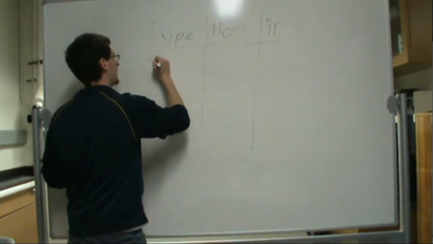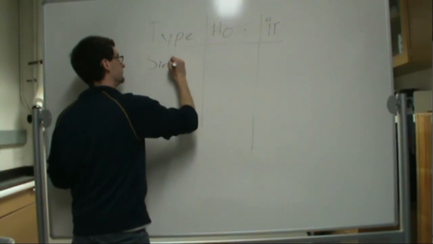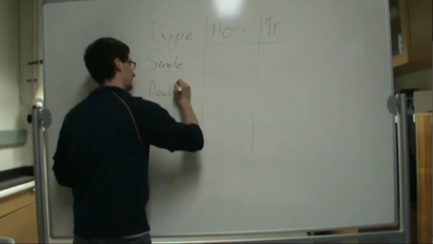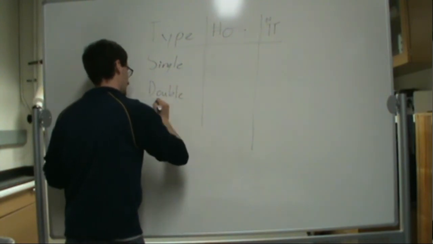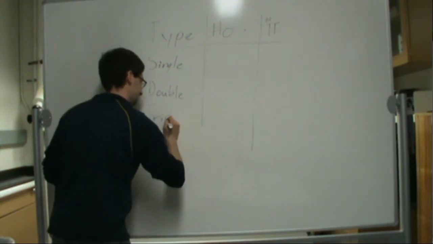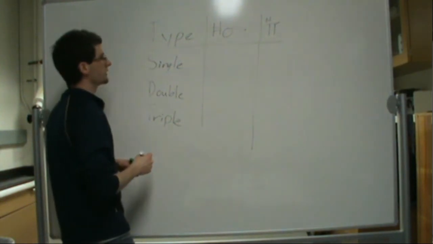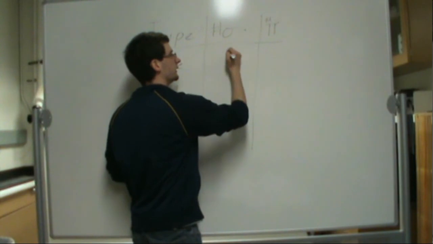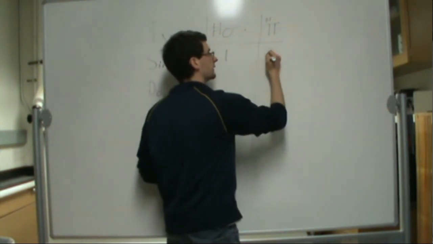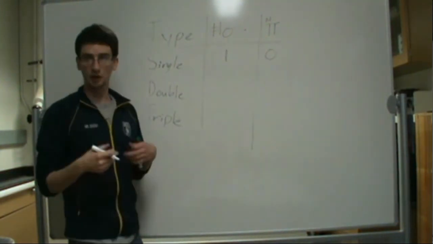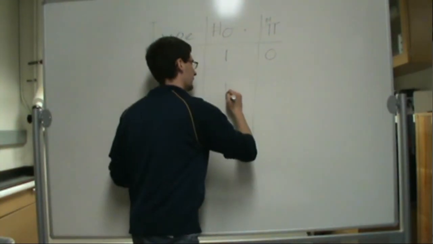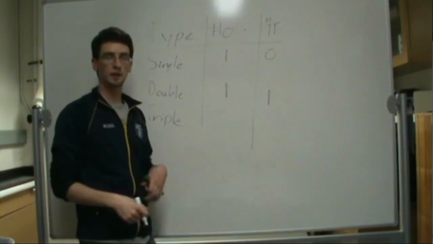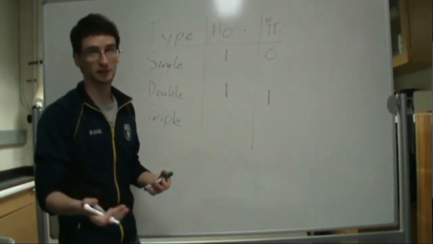So if we have a single bond, we have a double bond, we have a triple bond. So for a single bond, we only have 1 sigma and we have 0 pi. For a double bond, we end up having 1 sigma and 1 pi. Then for a triple bond, we end up having 1 sigma and 2 pi.